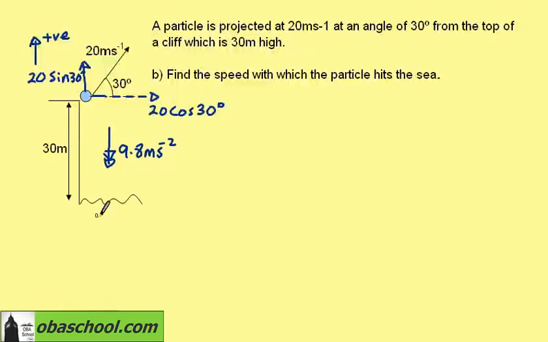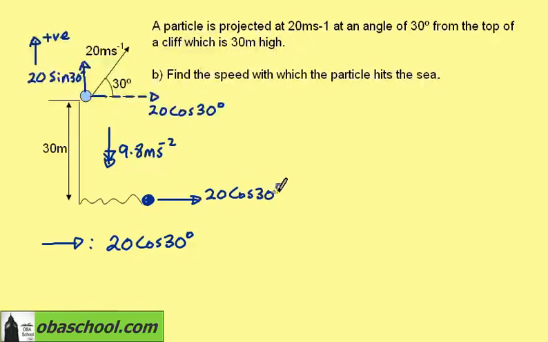We know the horizontal component will remain constant throughout the motion, so will always be 20 cos 30. If the particle is here, the horizontal is 20 cos 30, and we want to know the vertical.